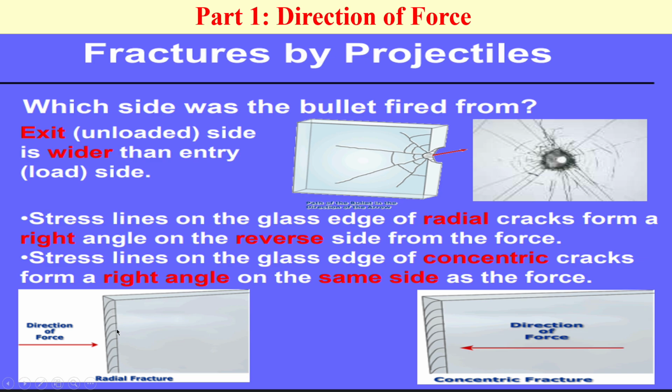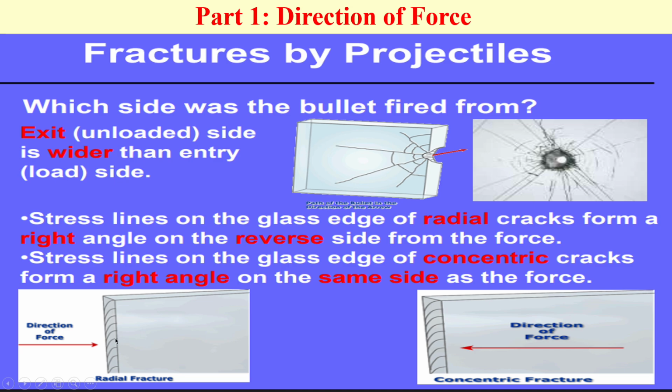So the direction of the force is the opposite, the rear side of this right angle. So this is called the 3R rule: right angle, radial fracture, rear glass, meaning back side of the glass. This is the 3R rule, right?